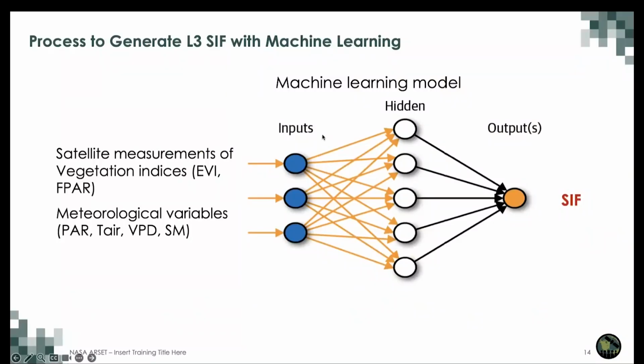Different approaches generally combine satellite-derived vegetation indices such as EVI and fraction of PAR, or meteorological variables such as air temperature, vapor pressure deficit, and soil moisture, with machine learning techniques to derive a relationship between the input variables and the output variable SIF. Then we can use this trained model to predict the SIF values where we don't have SIF observations.